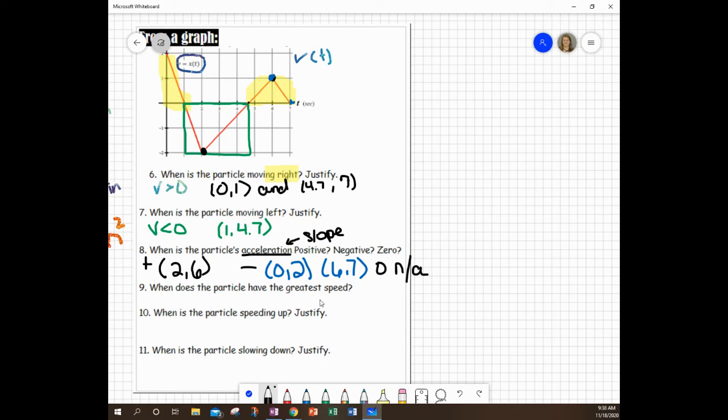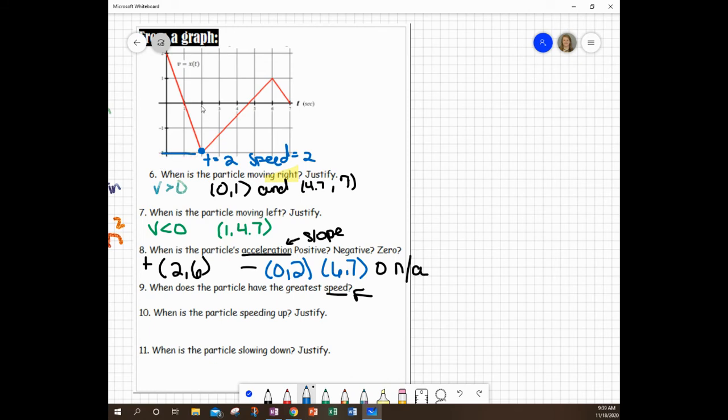When does the particle have the greatest speed? Remember speed, again, understanding that vocabulary, is just the absolute value of your velocity. So remember, this is a graph of the different velocities that I have, right? Essentially they're asking you when is the highest and the lowest point. Well, at t equals 2, my velocity is -2, which means my speed is 2, right?